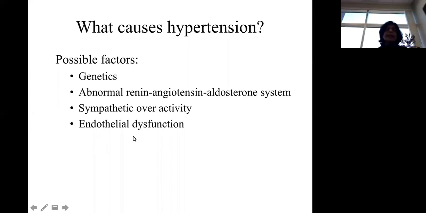Last but not least, in fact, there is so much focus on this last one in the list, that is endothelial dysfunction. Endothelial dysfunction is where we need to recall the endothelium. The endothelium is the innermost lining of the blood vessel wall.